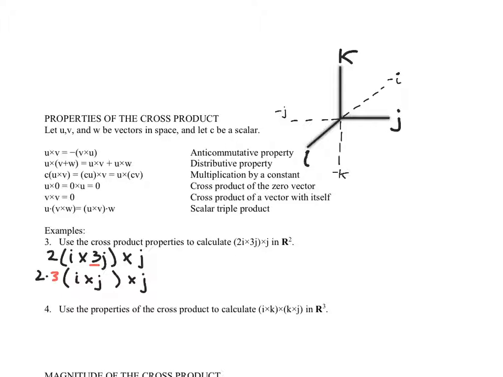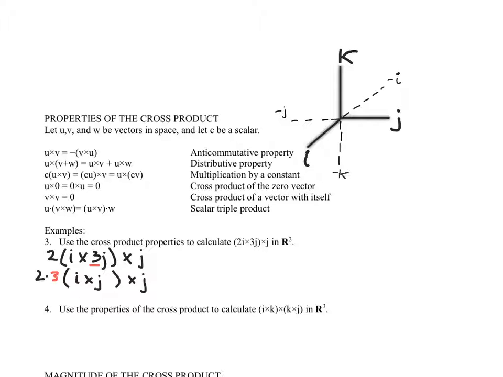The way I like the most is that if you have your index finger going in the direction of one vector and your middle finger going in the direction of the second vector, then the thumb points in the direction of the third vector. I can't do that physically for i going towards j because that's not how my hand works, but I can do it for j going towards i.